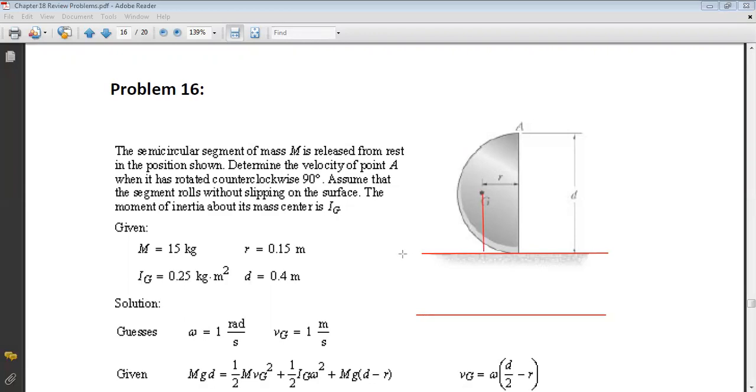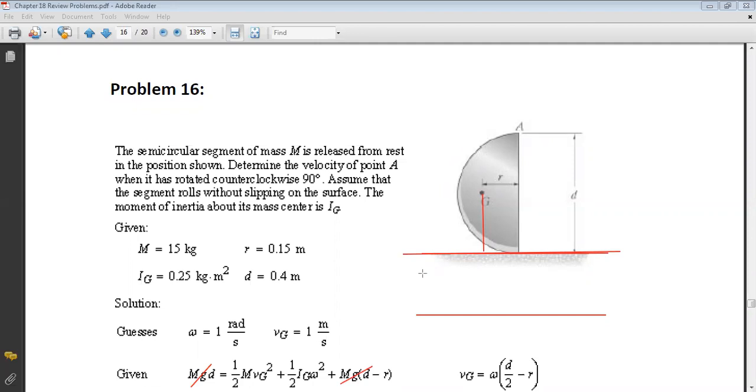Logically, we should take this as the reference, it's better, so it should be d over 2. But it will not affect the result because it will cancel out. If you take d here and they considered d also, it will cancel out. So you will have only mg times r, because your center will go down a distance r when you have the rotation of 90 degrees.